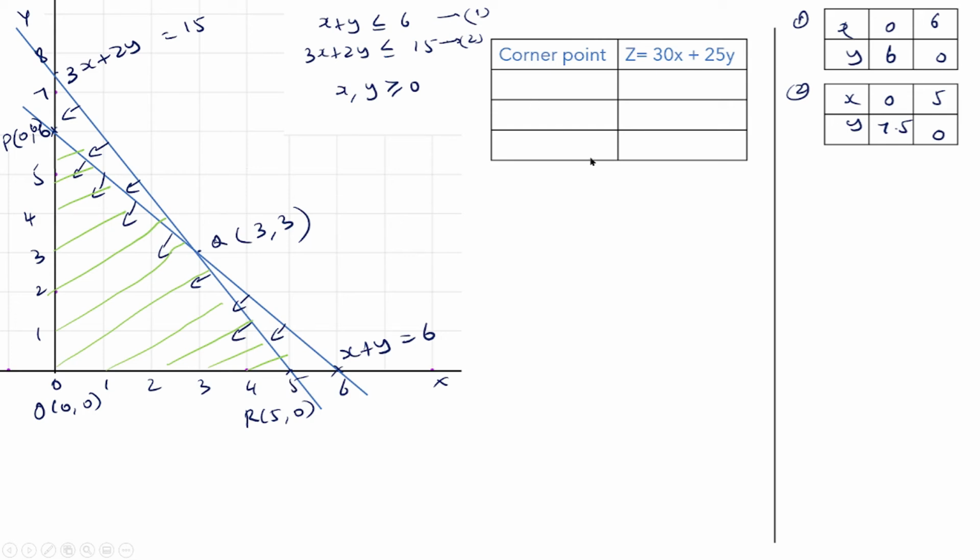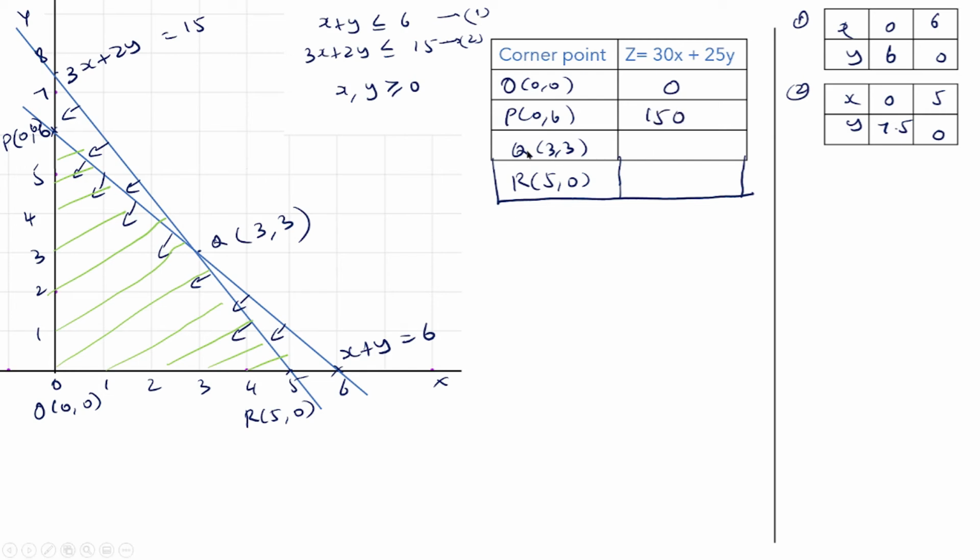Now let us find the value of z at each of these corner points. So we have the origin O (0, 0), next P (0, 6), next Q (3, 3), and then R (5, 0). So at the origin the value of z is 0, and next at P (0, 6) the value of z is 25 into 6, it is 150.